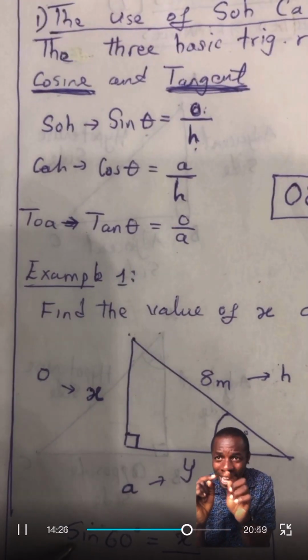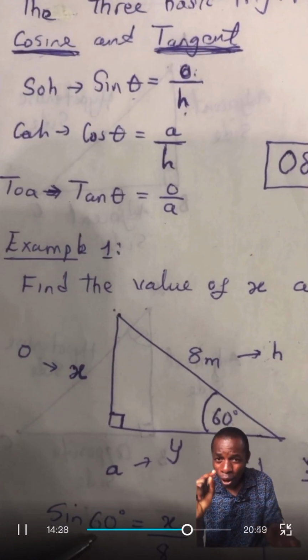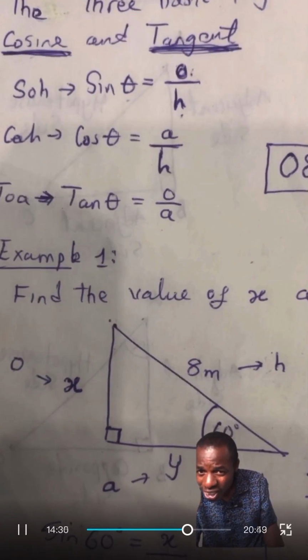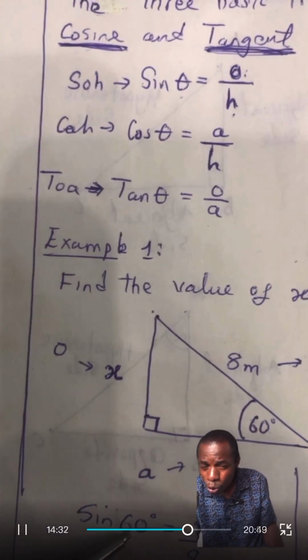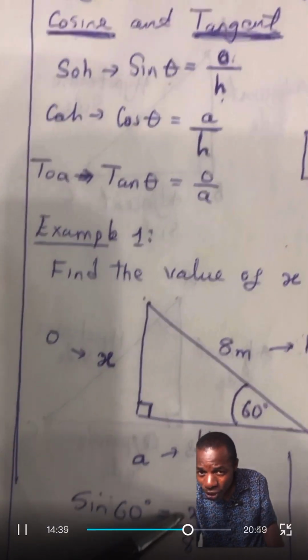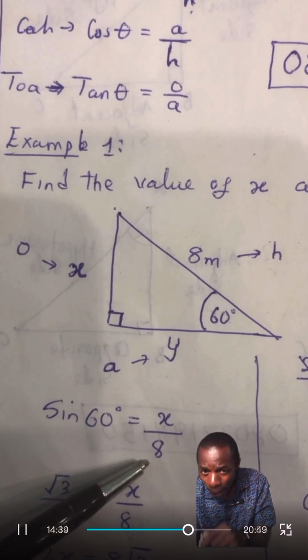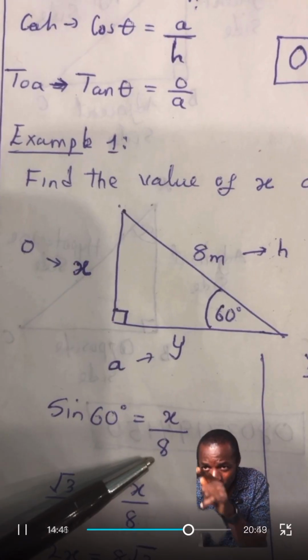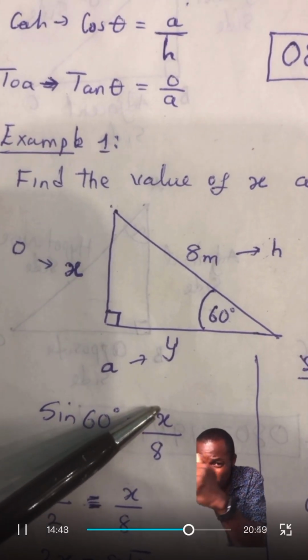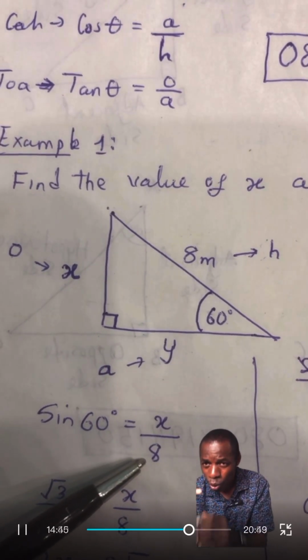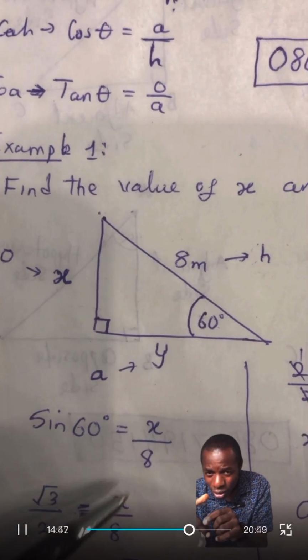So sine of the given angle, which is 60 degrees, is equal to the opposite over the hypotenuse. Don't forget, the opposite is x and the hypotenuse is 8 meters. So it must be opposite over hypotenuse, so x over 8.